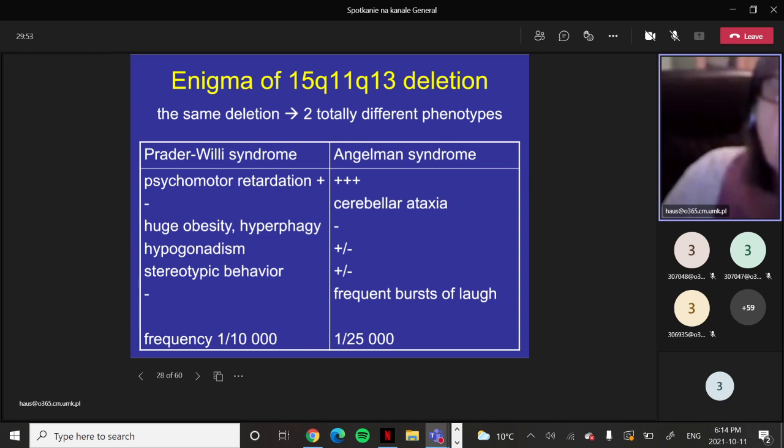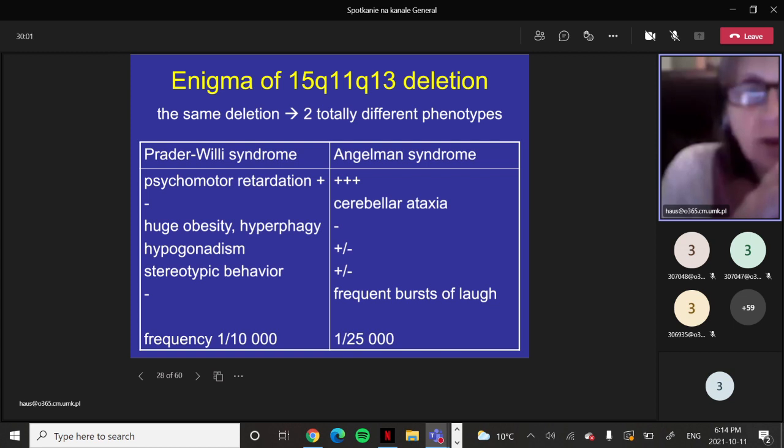So there is no difference between the region of deletion, between the quantity of deleted genetic material. There is only difference between the origin of chromosome 15.